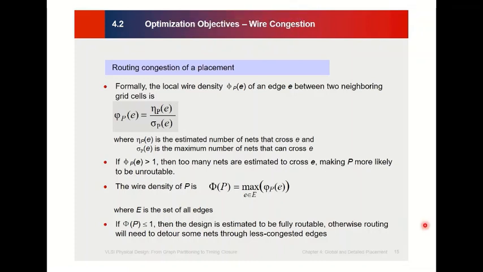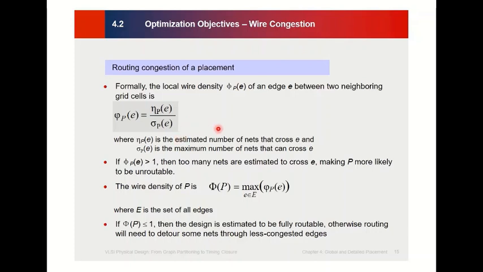How do we measure routing congestion? We measure it by defining this parameter phi p, the wire density, which is given by this equation, eta p divided by sigma p.